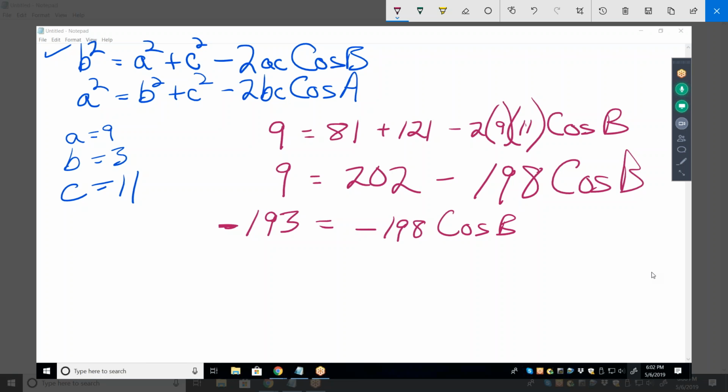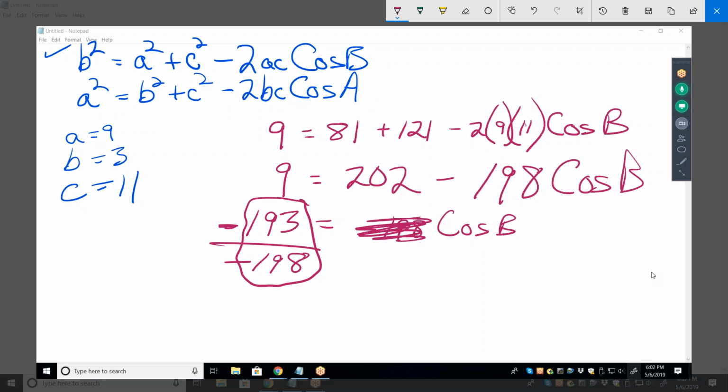So that becomes that. Now you have to look in your calculator to solve that. How are you going to solve it in your calculator? Negative 193 divided by negative 198.